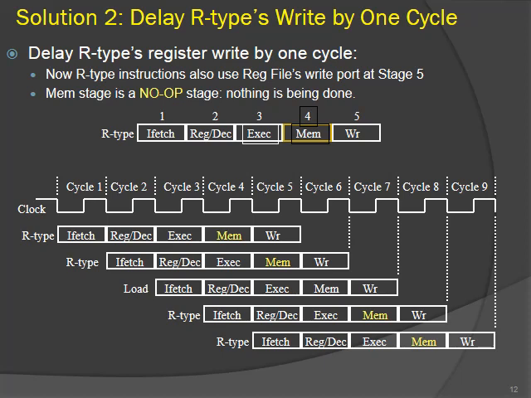In solution 2, there is also a possibility to insert a NOP stage, that is a no operation stage, into the R-type instruction pipeline. It will delay the usage of the register file by one cycle. So the R-type instruction will use the register file write port at its fifth stage, and we will eliminate the write conflict with the load instruction.